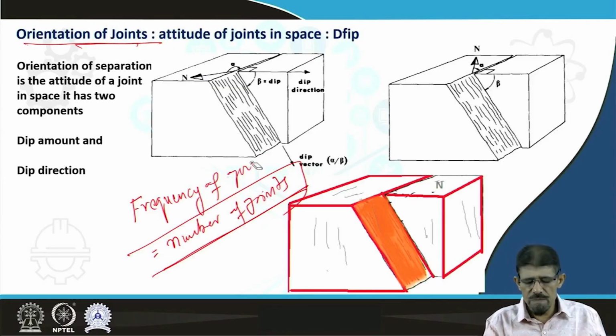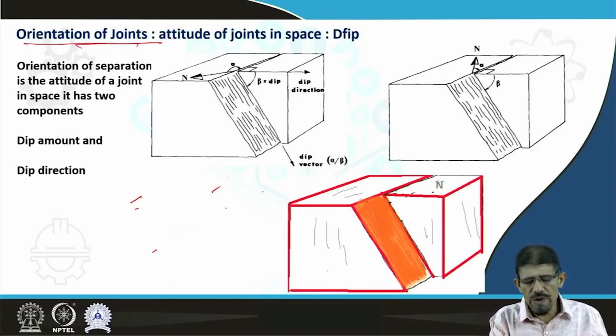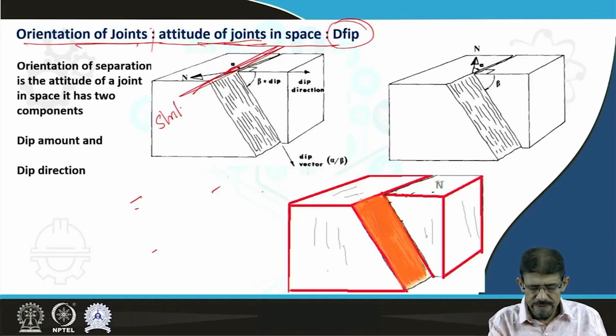Another important thing in geology, we always stress this orientation of joints. The orientation of a joint is simply the attitude of the joint in space, defined in terms of two things. One is strike, as extension, and the important one is the dip.